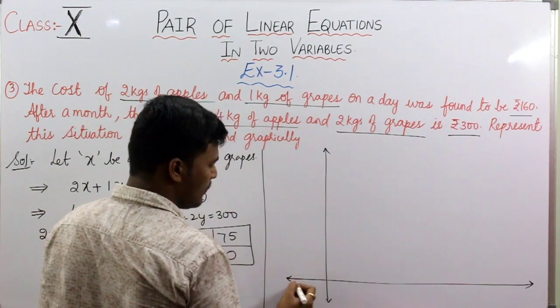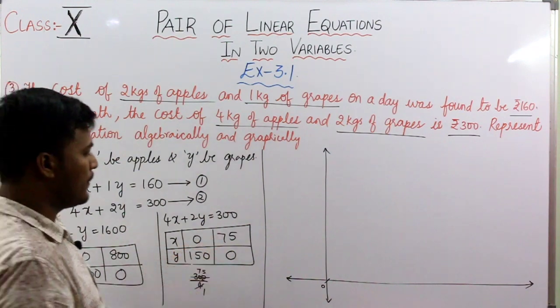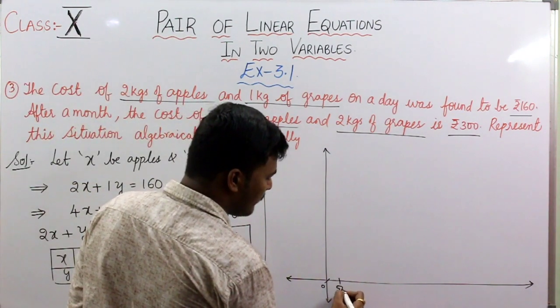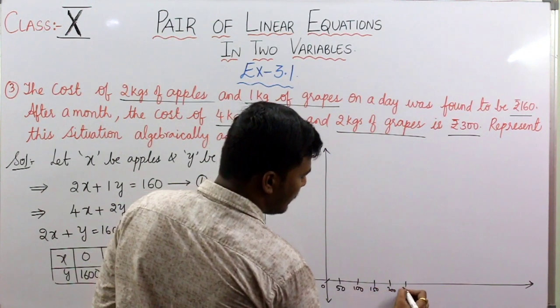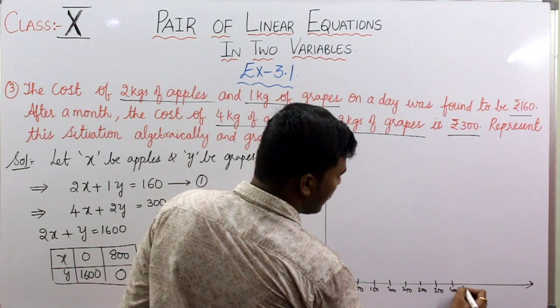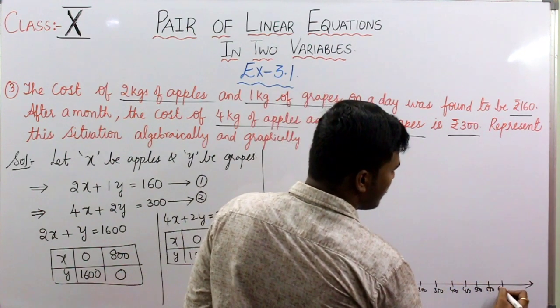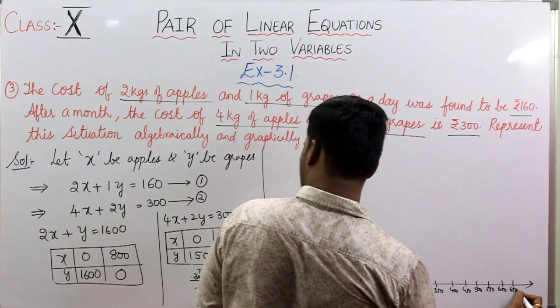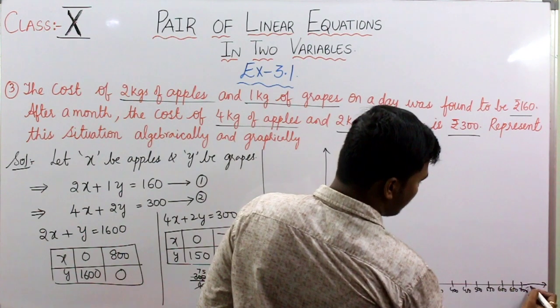Let us take on the x-axis 0, 80, 0, 75. I think we can take 50, 100, 150, 200, 250, 300, 350, 400, 450, 500, 550, 600, 650, 700, 750, 800.